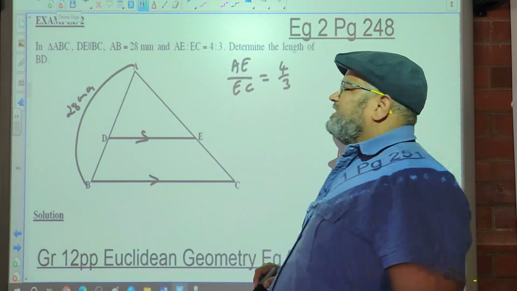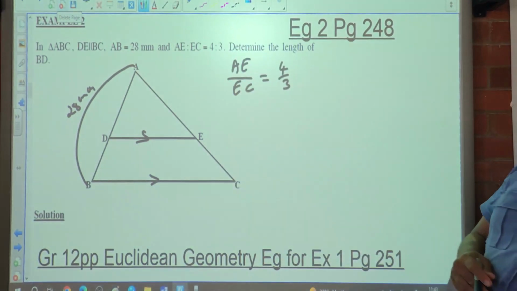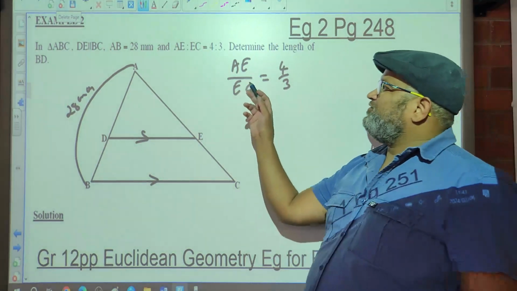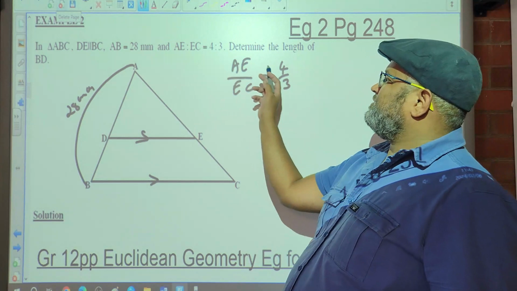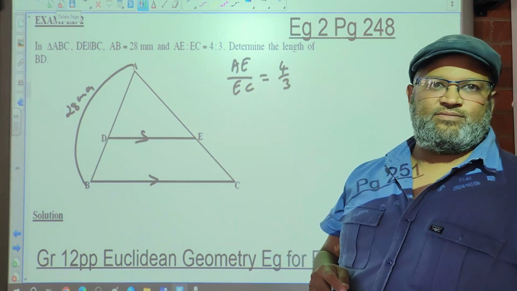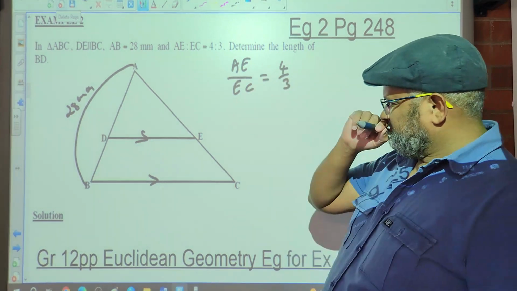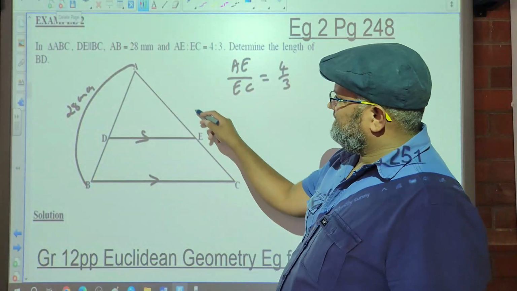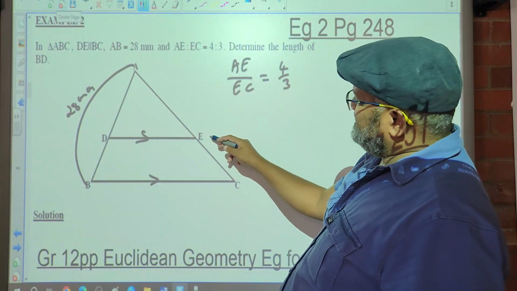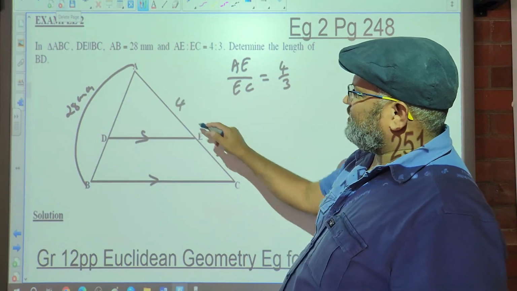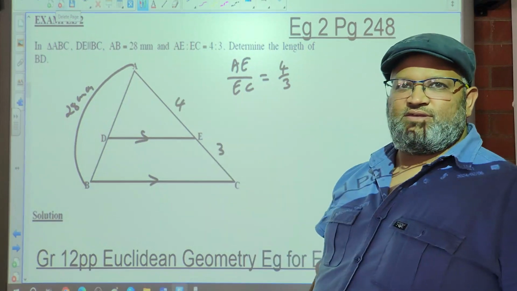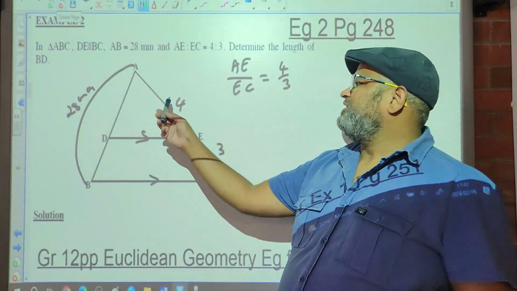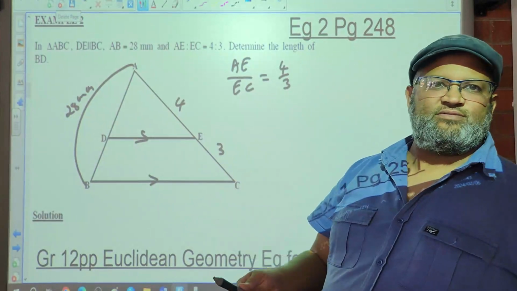That is equivalent, or you can express it as a fraction as well, that AE over CE is equal to 4 over 3. Okay? But we know that AE is to EC. It's not necessarily that that is 4 and that is 3 units. Okay? It could be 40 and 30, could be 400 and 300, could be 12 and 9, and so on and so on.